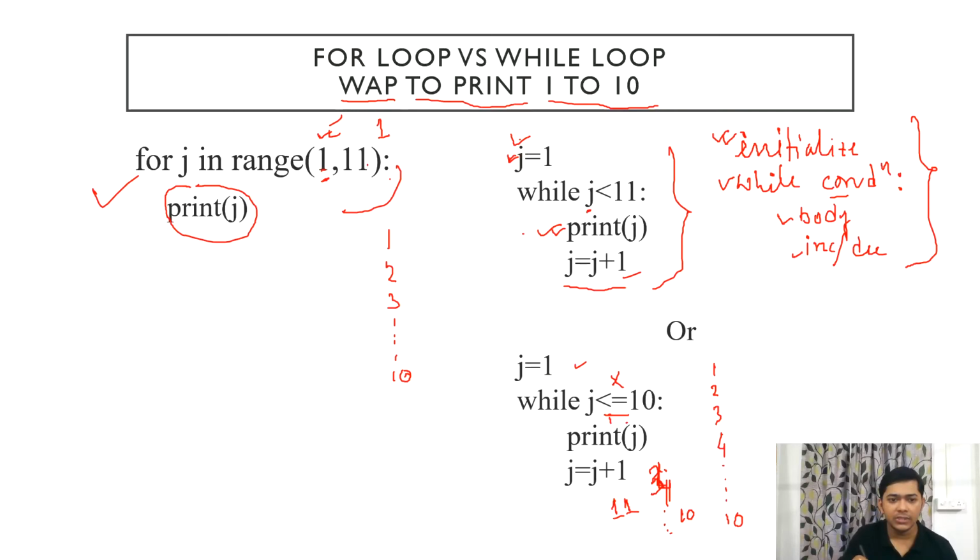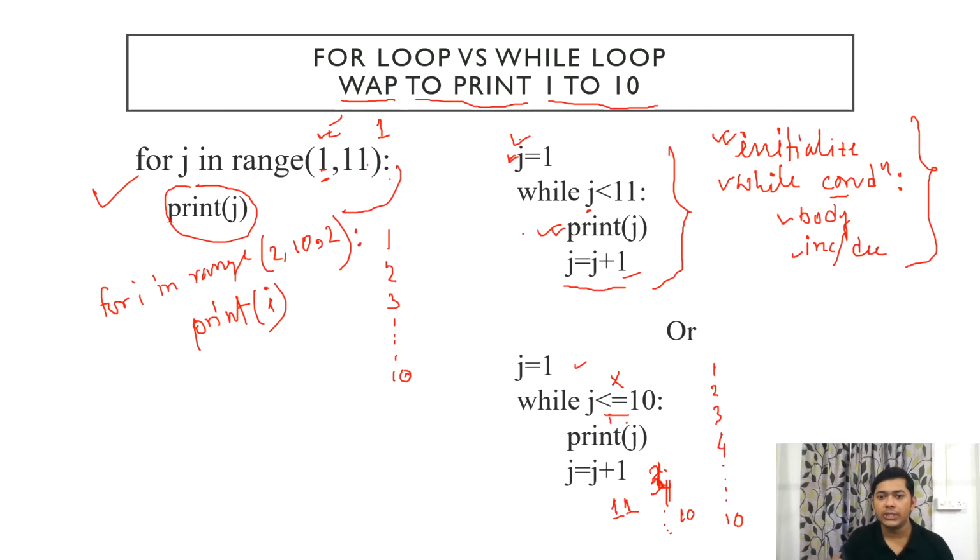Now if I write the program like this, for i in range, suppose 2 comma 10 comma 2, and print i, then what will be the changes in the while loop?